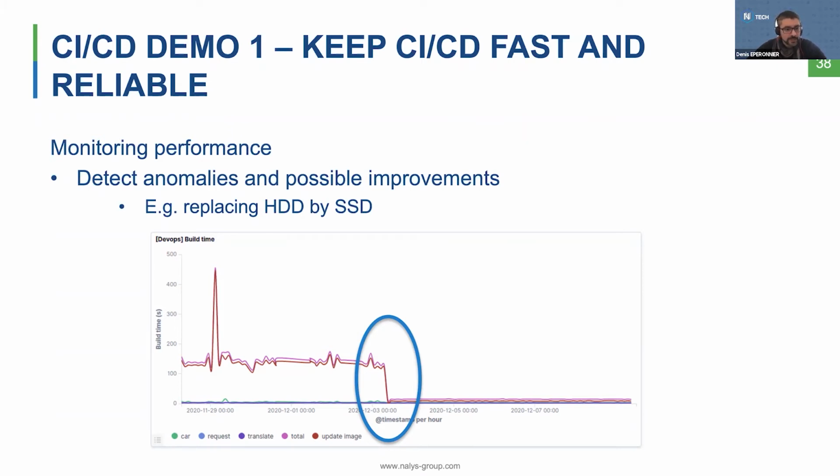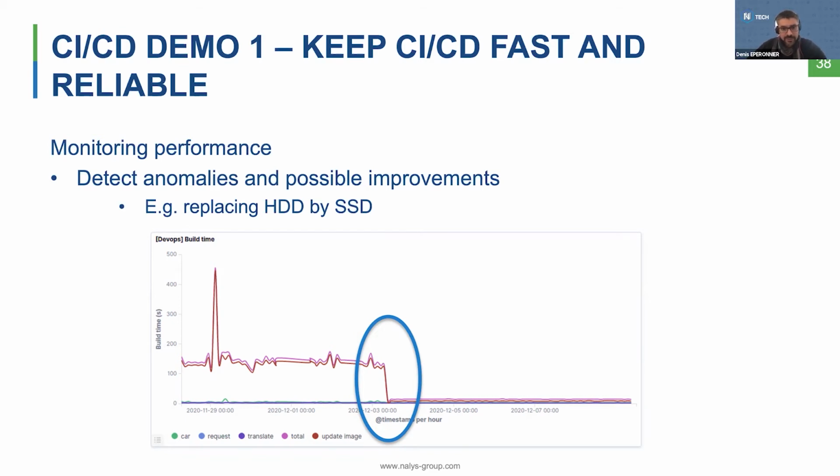By monitoring the performance, we can detect anomalies and potentially also define some improvements. In this case, what we realized is that we had a lot of IO, and by replacing a mechanical hard drive with an SSD, we dramatically decreased the required build time, making it even faster and so more useful for checking all the pushes, merges, and all the changes made in the code.